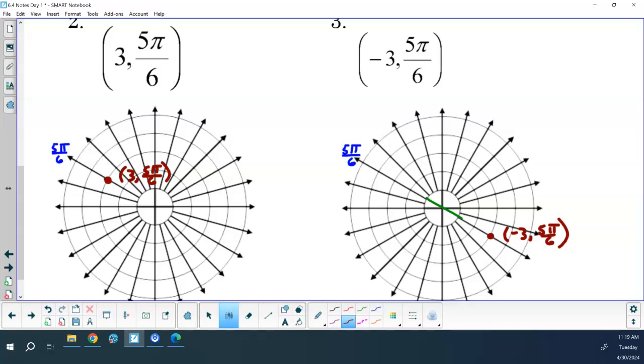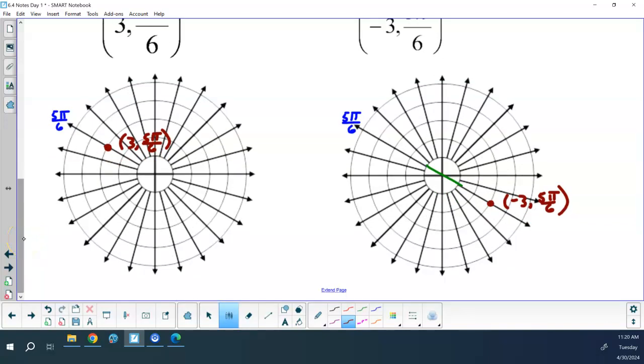Which means that there are multiple ways to name the exact same point. Because this point here was negative 3 comma 5 pi over 6. But it could also be positive 3, 11 pi over 6. Because if I go to 11 pi over 6, I'm right here. And if I go out 3, I'm right there.